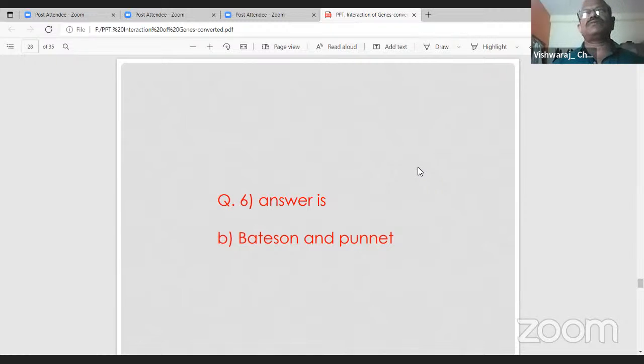Complementary genes in sweet pea plants were first discovered by Bateson and Punnett.